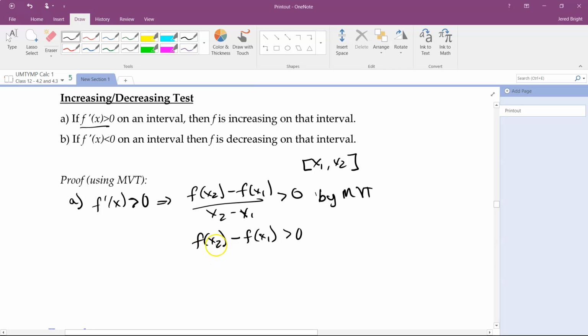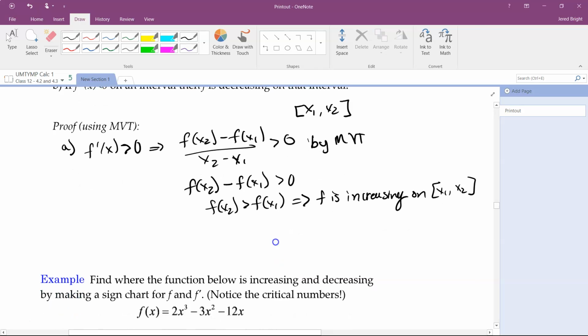If we isolate this, f of x2 is bigger than f of x1, and so by definition, f is increasing on x1 to x2.